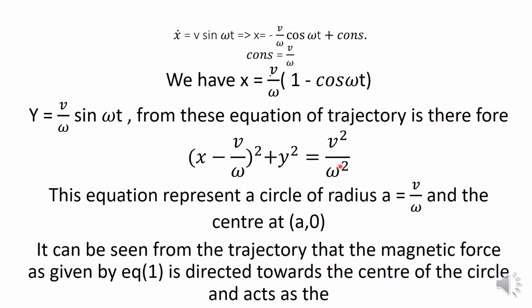That means it is nothing but the equation of a circle whose radius is v by omega and whose center is at the point v by omega comma 0. As we consider the radius a is equal to v by omega, we may say the center is at a comma 0.